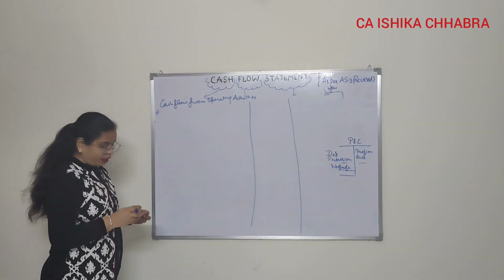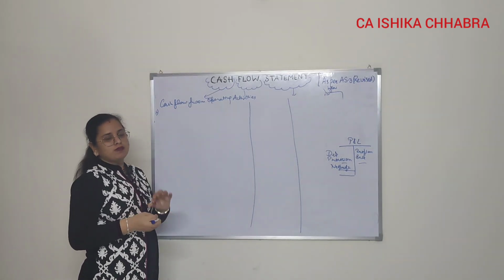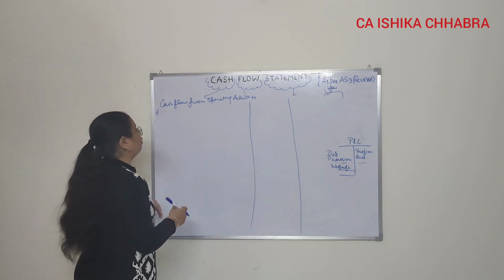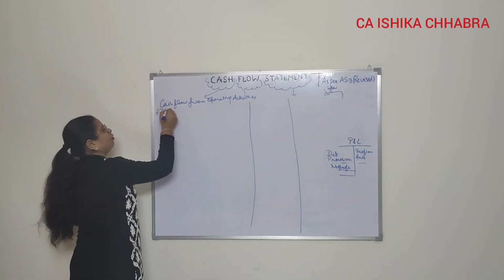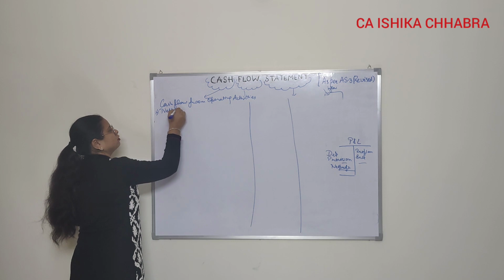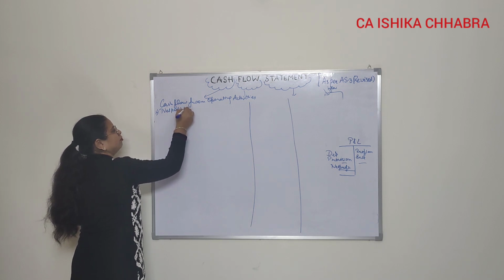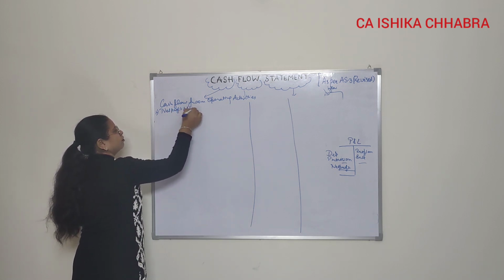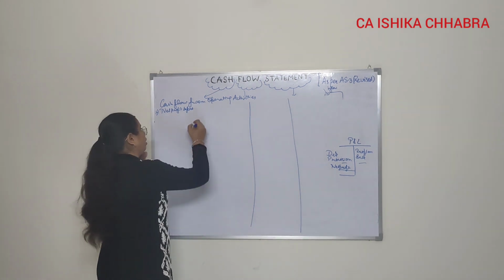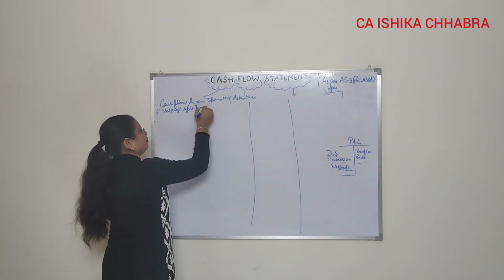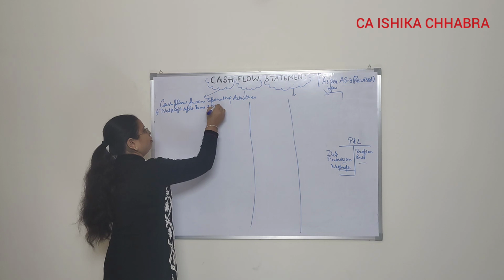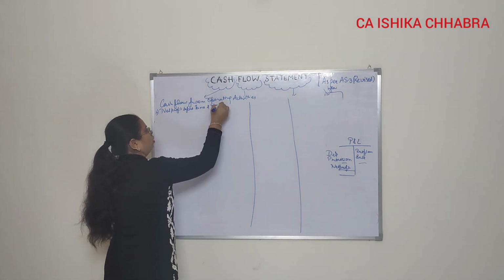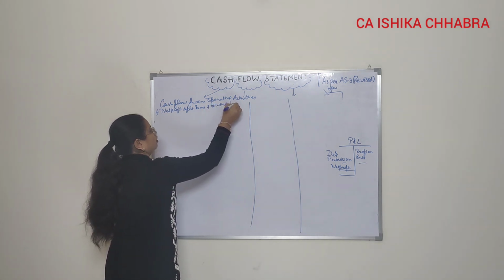First would be balance as per P&L, or net profit before tax and extraordinary items.